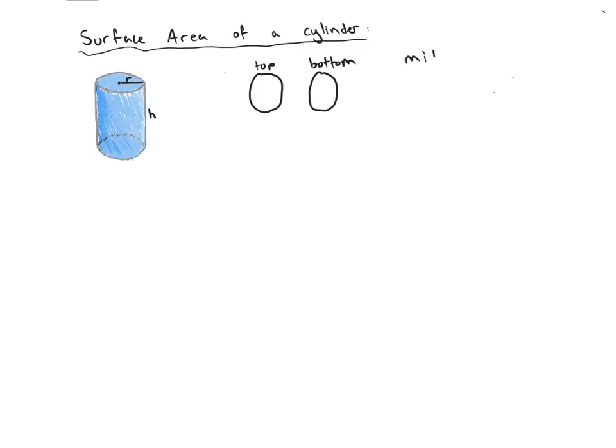So, what does the middle really look like? Suppose that we took a soda can and you cut it the long way. You cut the tops off first, and you were left with this topless, bottomless cylinder, and then you cut it the long way so that it flattened out into just a strip.